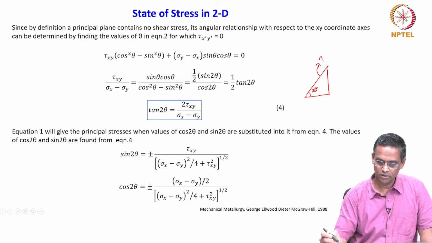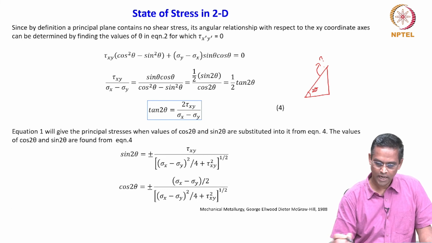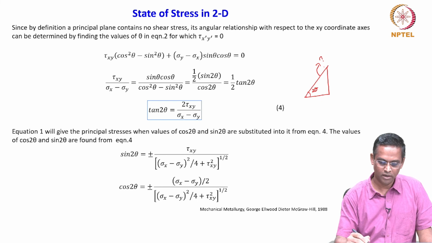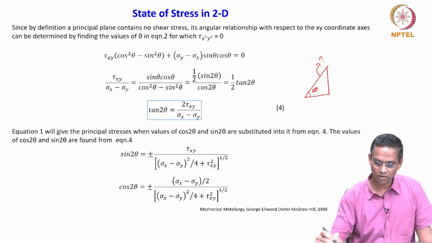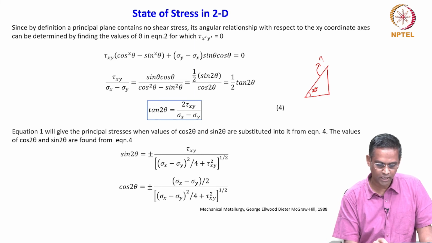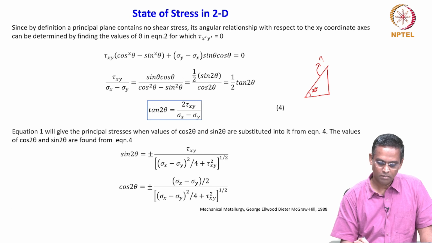From this equation, tan 2 theta is 2 tau xy divided by sigma x minus sigma y, which gives a simple Pythagoras relation. You will get sin 2 theta equal to plus or minus tau xy divided by the square root of the quantity sigma x minus sigma y, whole squared divided by 4, plus tau xy squared.